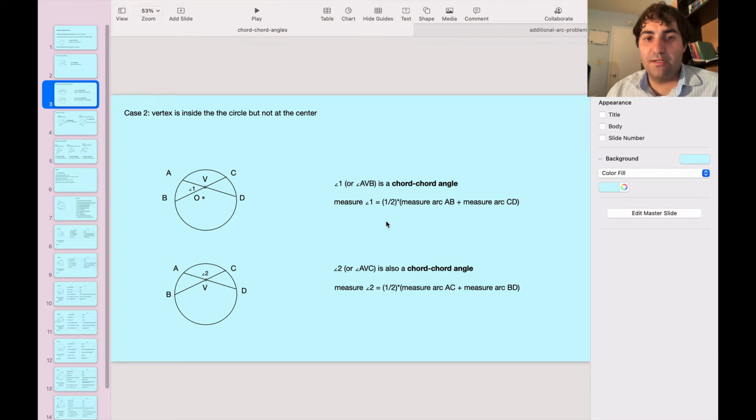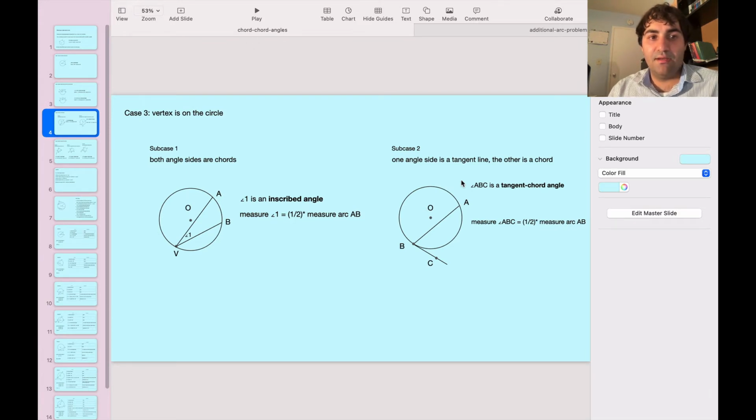The measure of angle 1 is equal to 1/2 times the quantity, the measure of arc AB plus the measure of arc CD. We can also choose angle 2 as a chord-chord angle, but when we measure angle 2, we use different arcs. So bear in mind that there's more than one chord-chord angle.